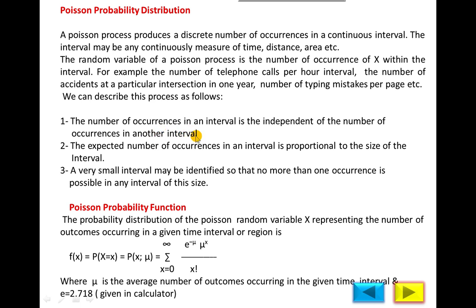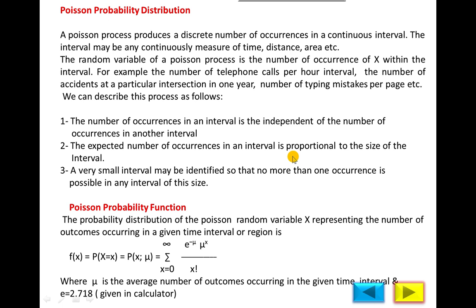The expected number of occurrences in an interval is proportional to the size of the interval. If the size of the interval is large, the number of expected occurrences or average value will be large. If the size of the interval is small, the average value or number of occurrences will be small.